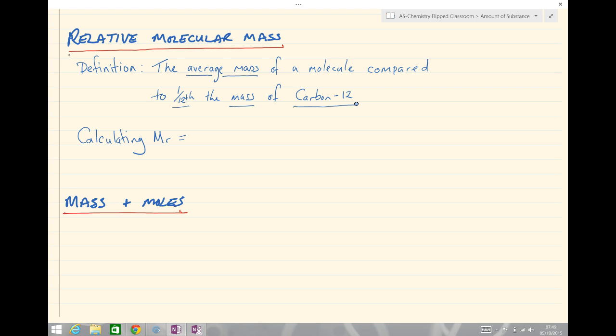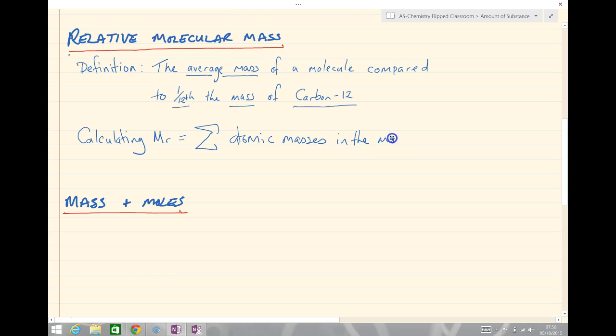So there's our definition. What about calculating the relative molecular mass, or sometimes just called the Mr? Well, the Mr is the sum of, and we can use this symbol here to include the sum of the atomic masses in the molecule.